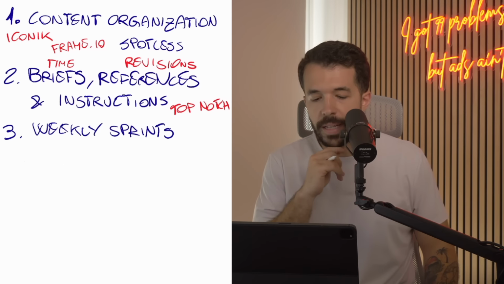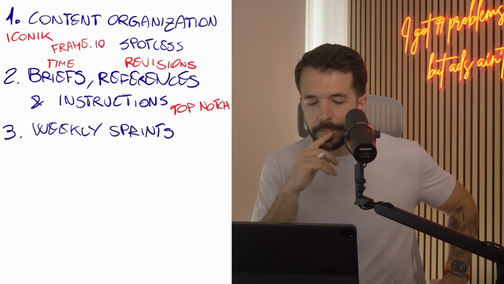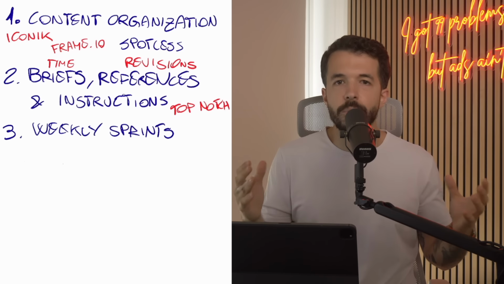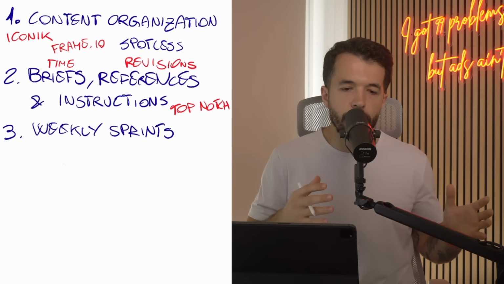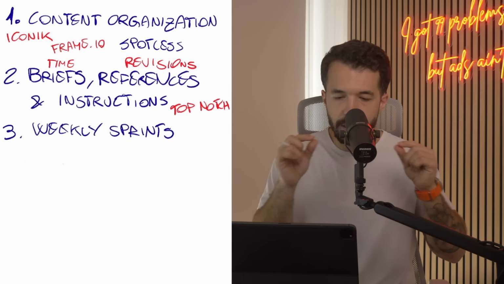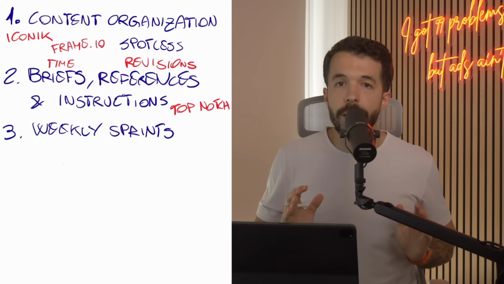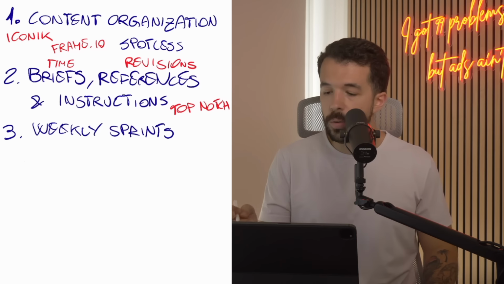And this is something that we learned as time went by, and putting in place a strong weekly sprint where everybody knows their role, everybody understands what is the entire process, is something that I would highly recommend if you're building your own creative system.